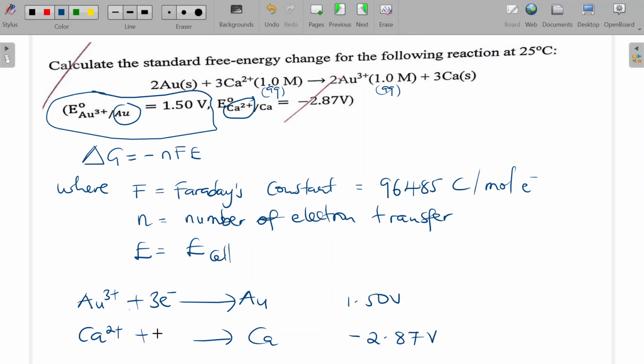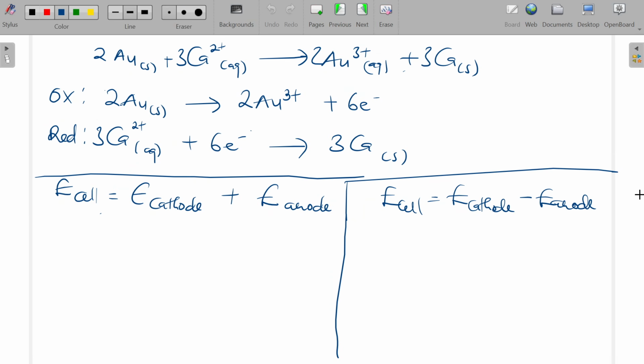This one is also gaining 2 electrons. So now here we've identified the one undergoing oxidation. It is gold, right?